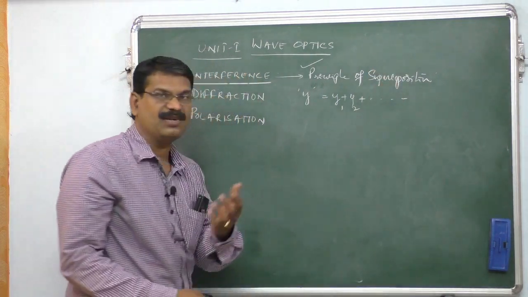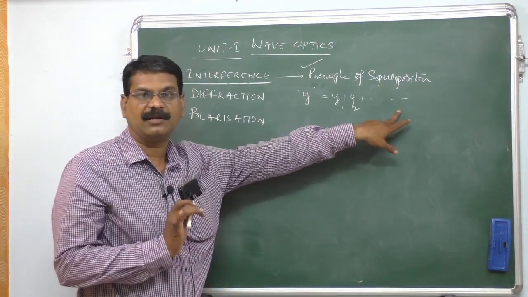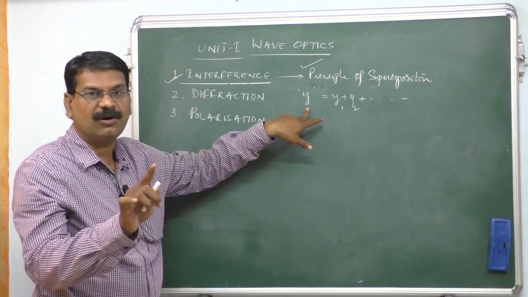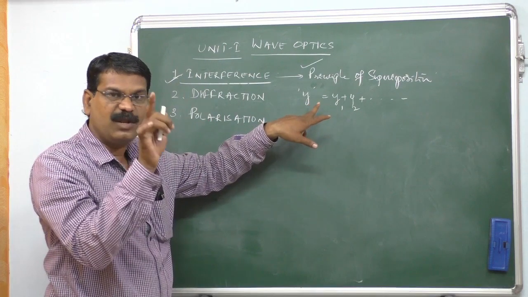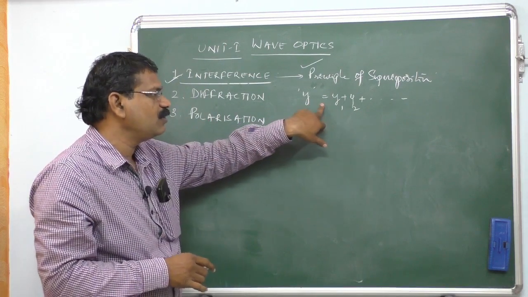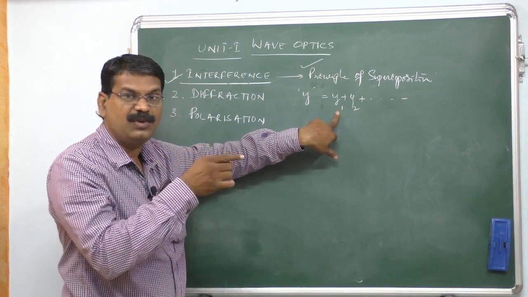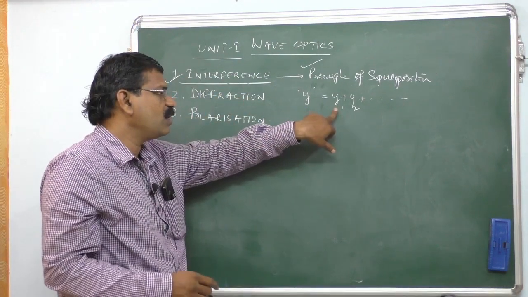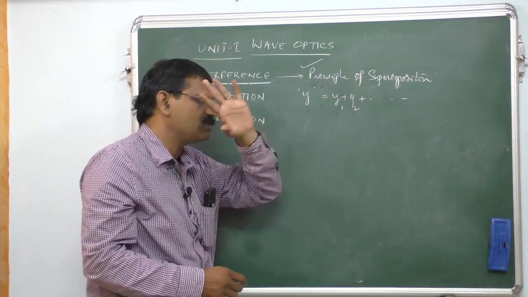So, how could we represent this mathematically? y is equal to y1 plus y2 plus so on. What is my y here? My y is called the resultant displacement of the wave. The resultant displacement of the wave is numerically equal to the algebraic sum of the displacements of the other waves, those are y1 plus y2 plus y3 and so on. Okay.